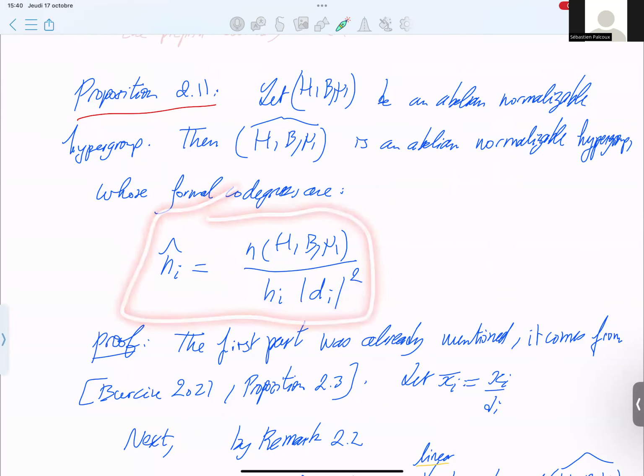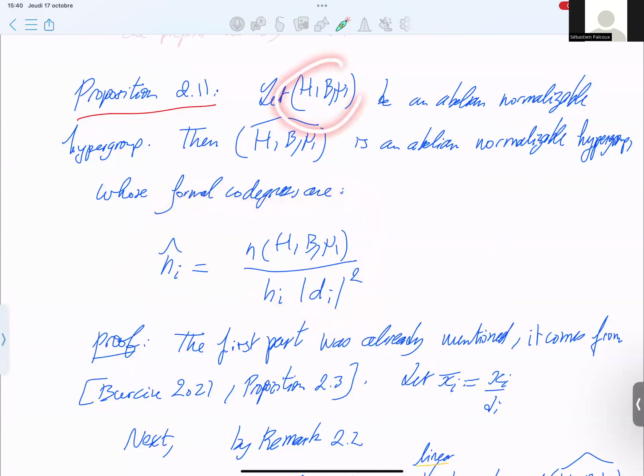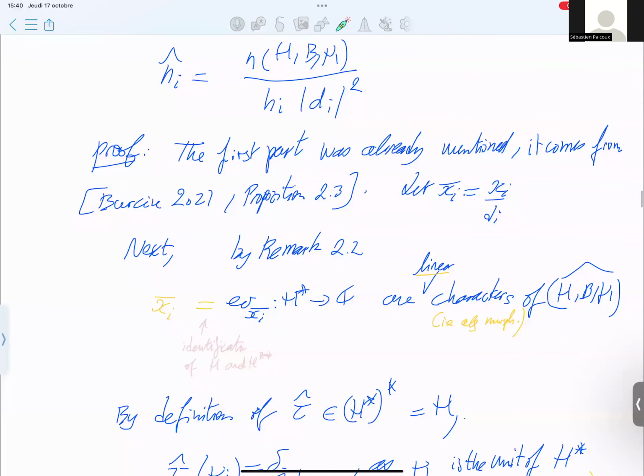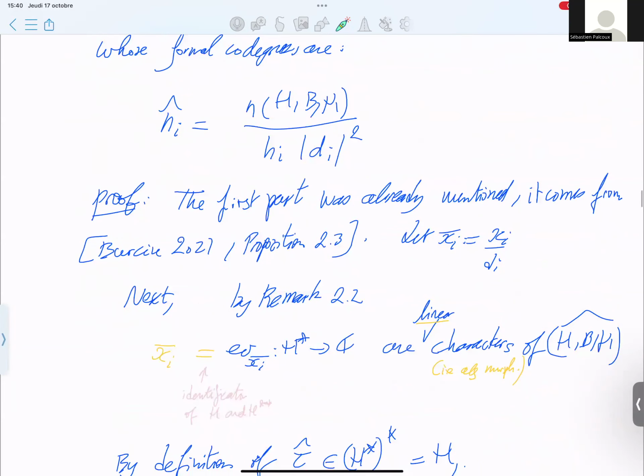So in fact, I guess if you use that, you can get a formula here by considering the dual. In the dual, it is the same. And if you put hi like that, and here you need to put the dimension of the basic standard element in the dual. Anyway, so the proof is there.